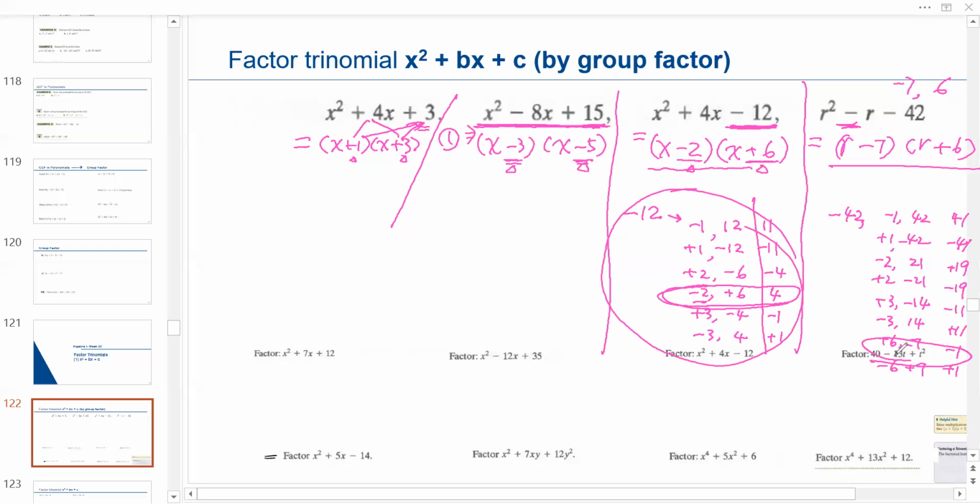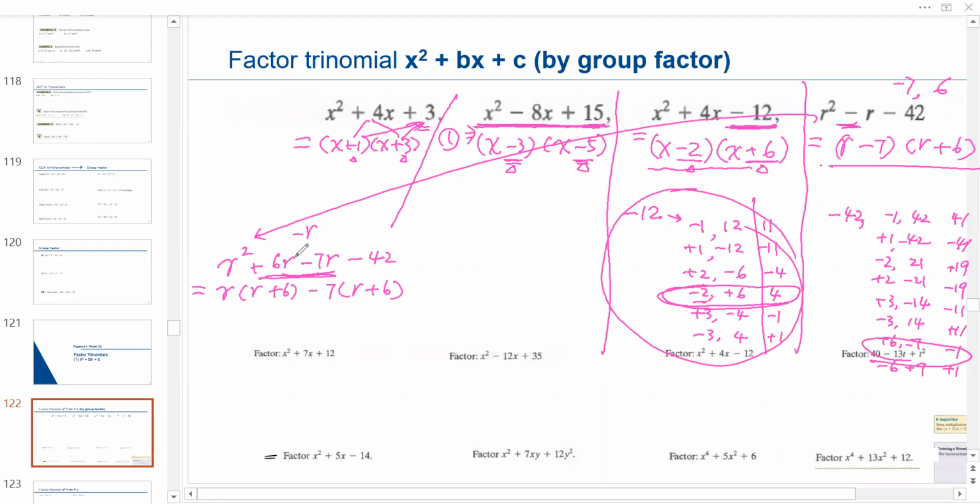So it's -7, +6. So it means what? R squared breaks down into positive 6R minus 7R minus 42, right? So we're going to do the group factor. R +6 minus 7, R+6, right? So we group here; it is the breakdown from the -R.